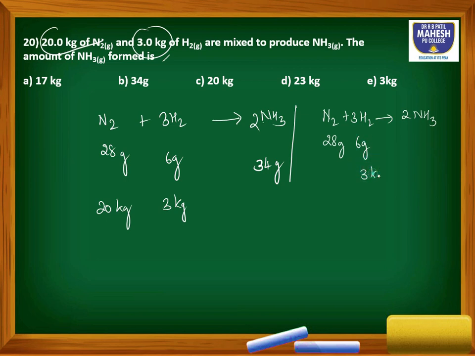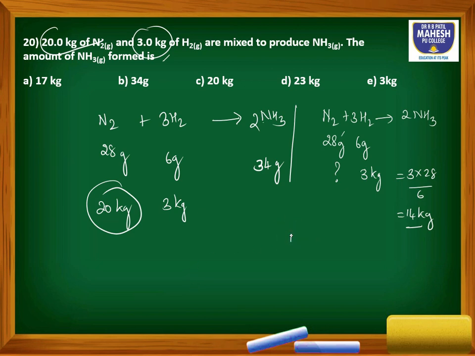Let us take the hydrogen first and calculate how much nitrogen is required. 6 gram hydrogen reacts with 28 gram, then 3 kilogram reacts with how much mass of nitrogen? 3 into 28 divided by 6, it is half of 28, that is 14 kilograms required, but they gave 20 kg, that means nitrogen is in excess, hydrogen is the limiting reagent.